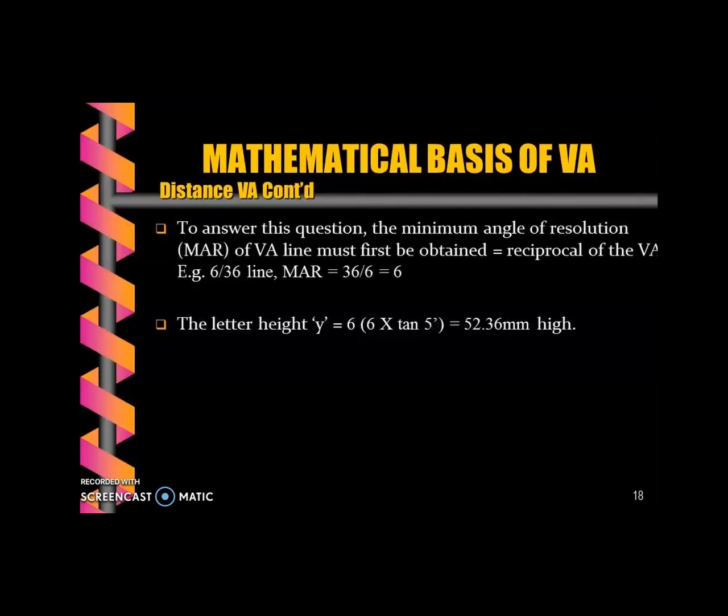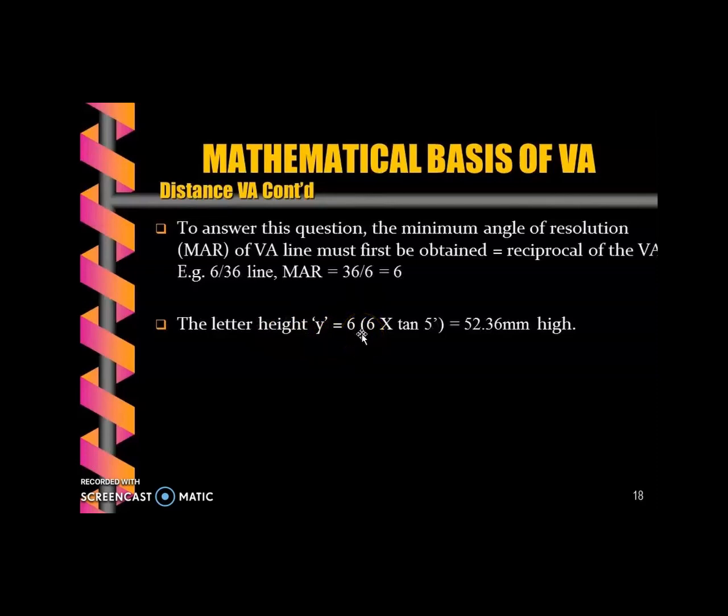For instance, if the VA line is 6/36, then the minimum angle of resolution will be the inverse of that, which is 36 divided by 6, and this will give us a MAR equal to 6. The letter height y therefore will be equal to 6.